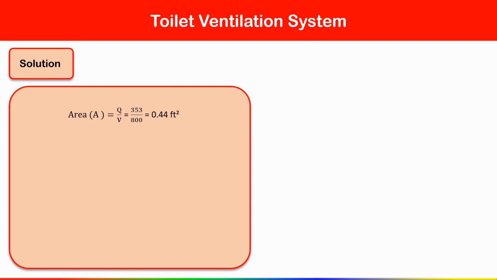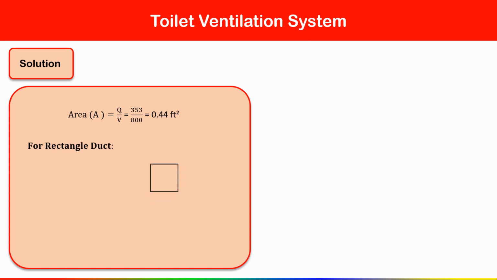If you remember, I have already discussed that for a residential or private building, how much velocity we have to maintain inside the duct? 700 to 900 fpm. So here I have taken 800. When you calculate you will get the area 0.44 square feet.